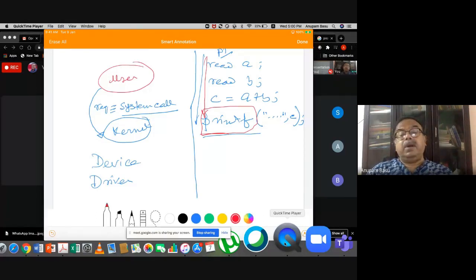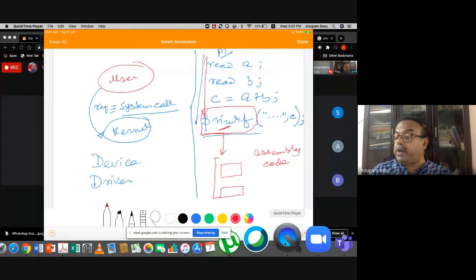So this printf, which is in high level, will actually be translated to a different assembly code where the print function will also be there, and there will be a number of things which maybe later on Subroto can show you, and there will be some system call inserted here.